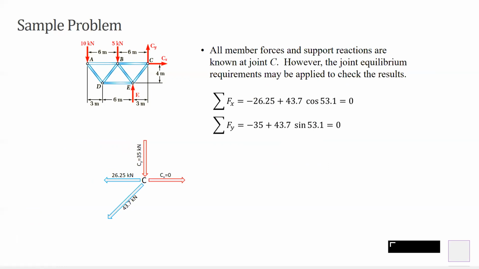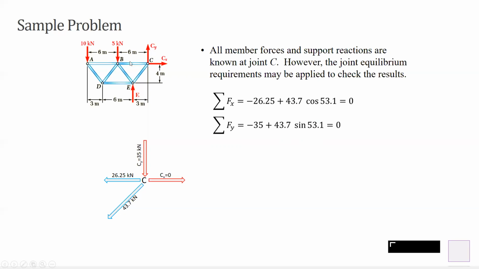Now, to double check our work, once we get to point C, we can make sure everything looks good. We can say our negative 26.2 is our x, and it has to equal this one's x, 43.7 kilonewtons cosine 53.